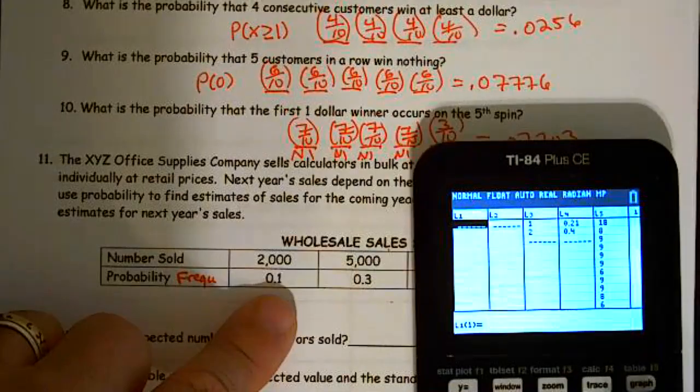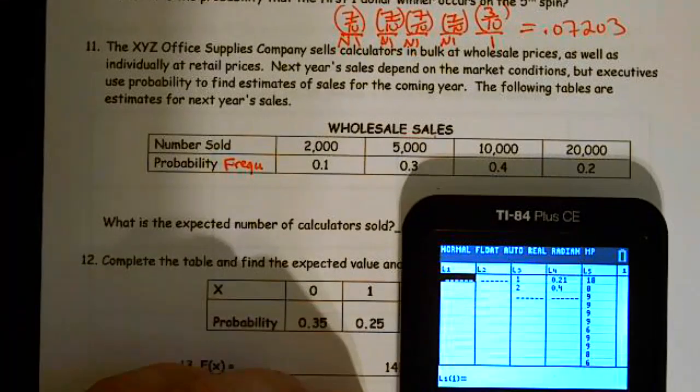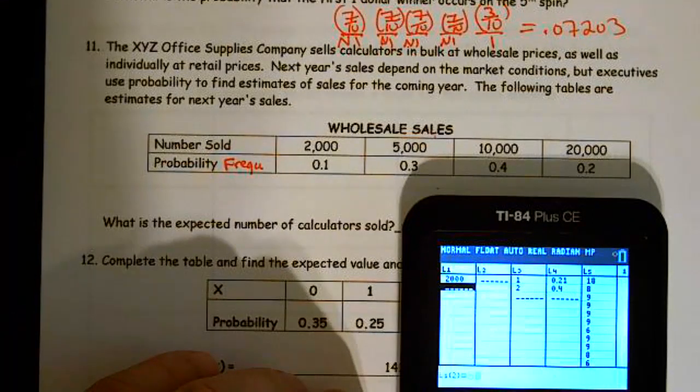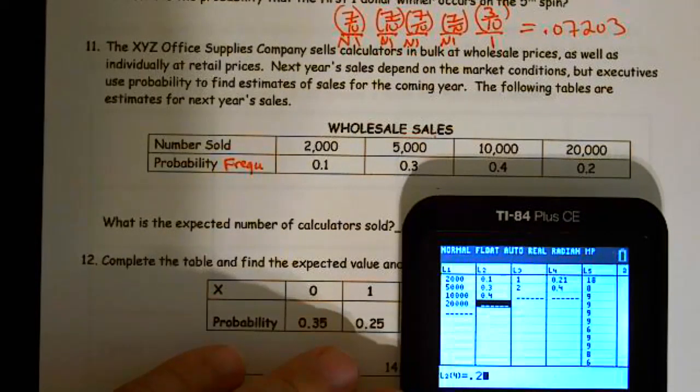And it turns out that we had, let's see if I can get that all on the screen. There we go. That's pretty good. 2,000, 5,000, 10,000, and 20,000. And this is 0.1, 0.3, 0.4, 0.2.